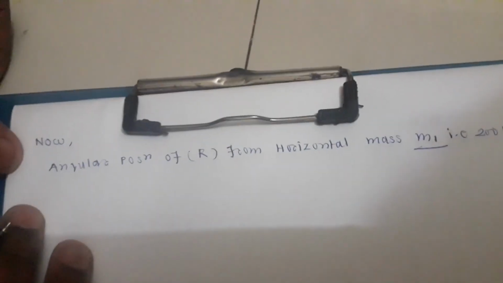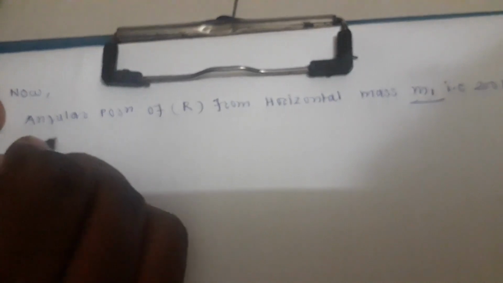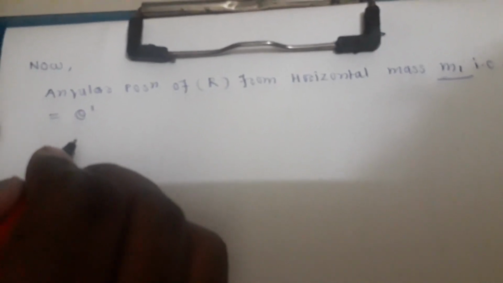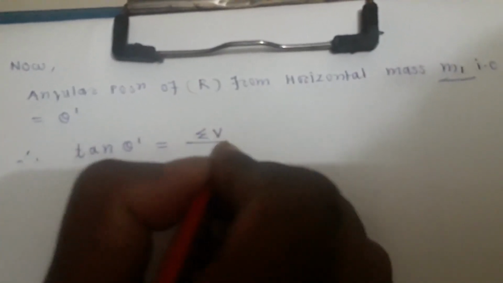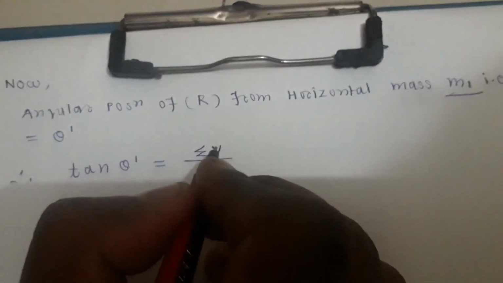This can be found out by means of theta dash. So let it be theta dash. So as you know, the summation of vertical forces and the summation of horizontal forces, therefore tan theta dash is equal to summation of vertical forces divided by summation of horizontal forces.